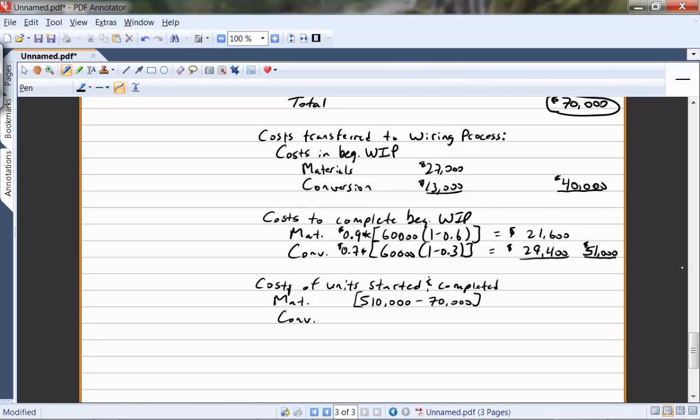Each of these units that we started and completed this period, how much did it cost us to complete them? 90 cents with respect to materials. And then for conversion, it was 0.7 times units started and completed. So we get 396,000 here and 308,000 here, and the sum of these two numbers is 704,000.